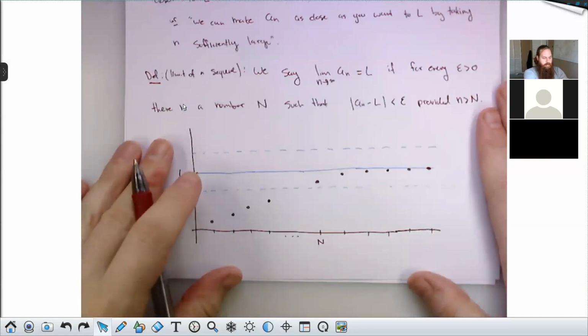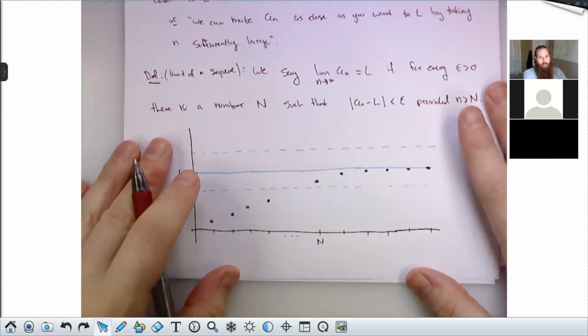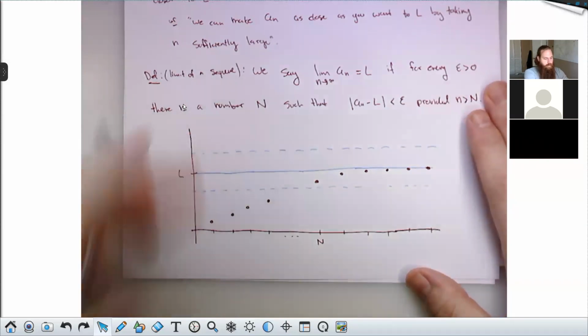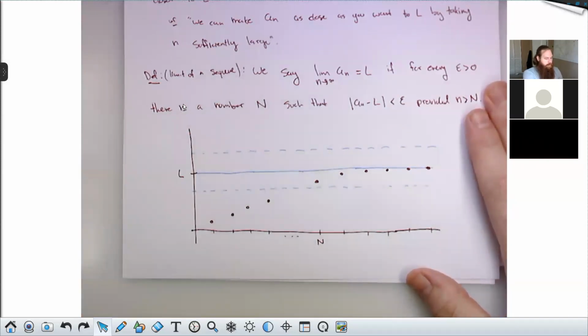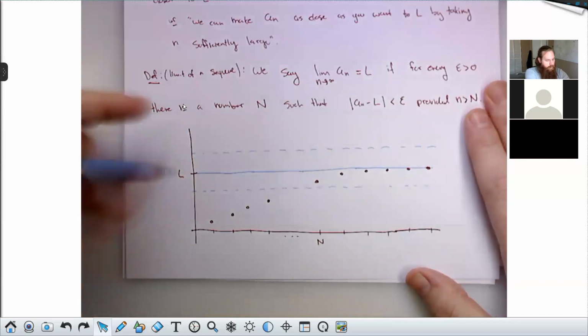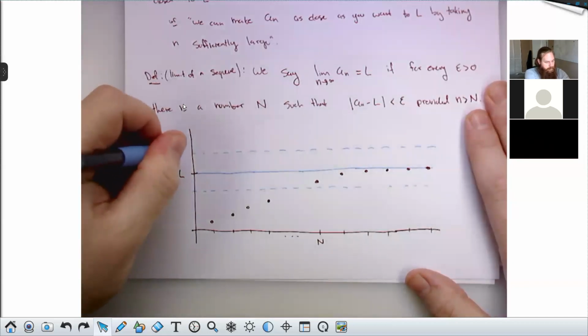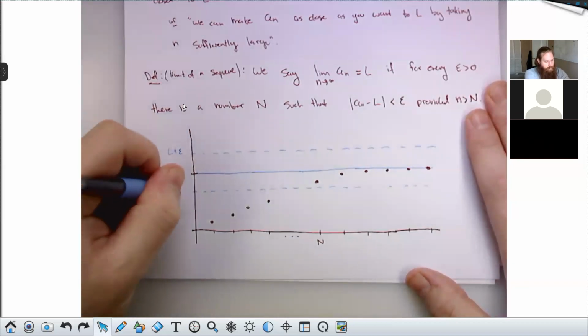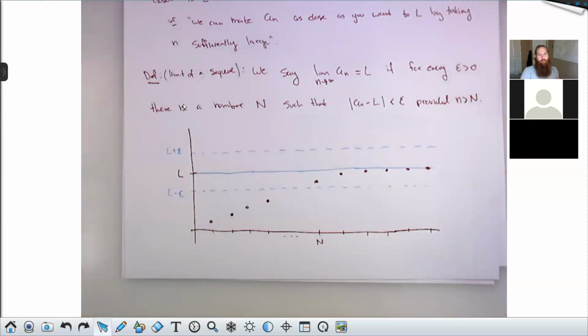Another way of saying this is that only finitely many terms of the sequence are outside this window, no matter how narrow it is. So up here, this would be L plus epsilon. Down here, this would be L minus epsilon.